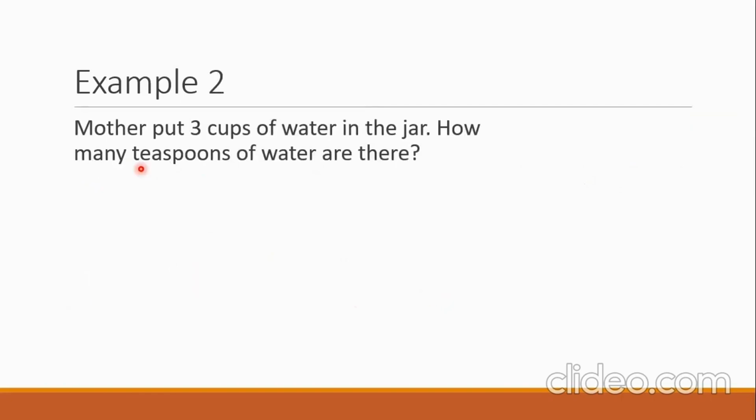Let's go to the second example. Mother put 3 cups of water in the jar. How many teaspoons of water are there? So I rewrite the problem. 3 cups equals blank teaspoons.